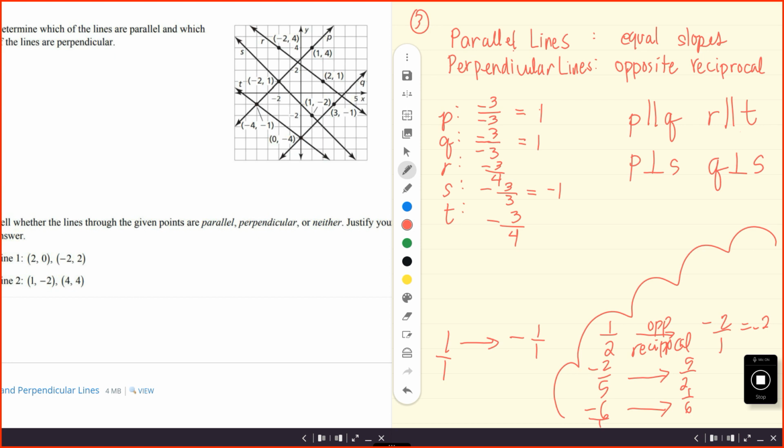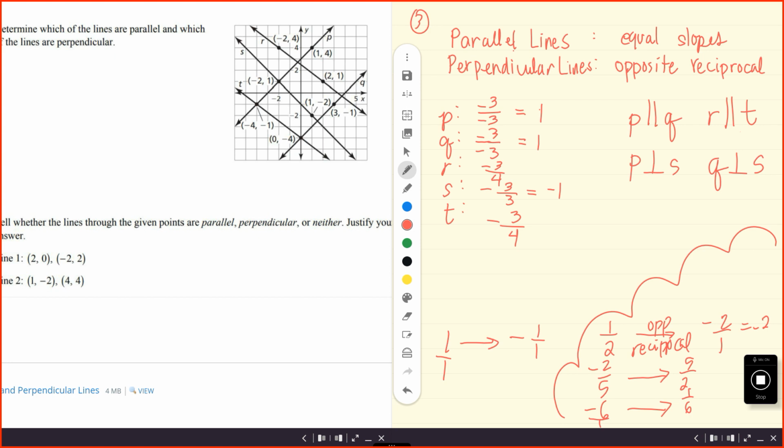All right. Okay. So we did all that just by using what we learned last year about parallel and perpendicular lines. All right. So using what we learned here, what possible conclusion can we make here?